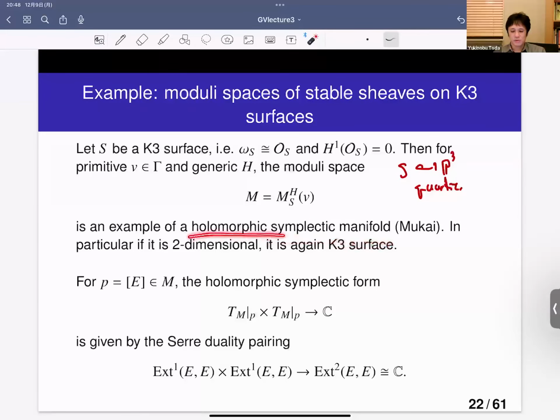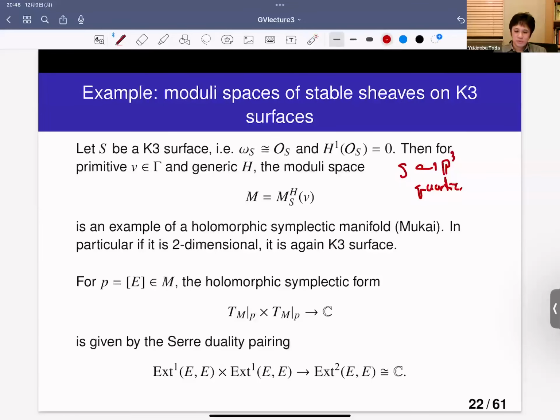So this was first proved by Mukai. In particular, if this is two-dimensional, then it is again a K3 surface. This is very important because it provides very few examples of compact holomorphic symplectic manifolds.